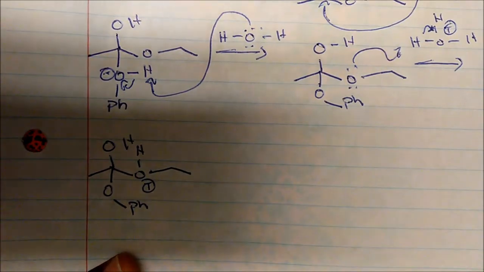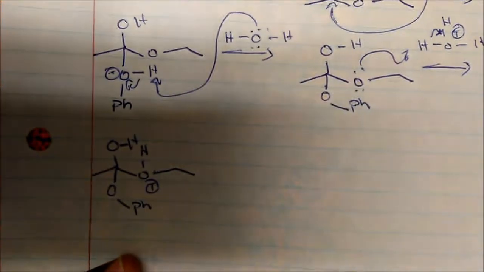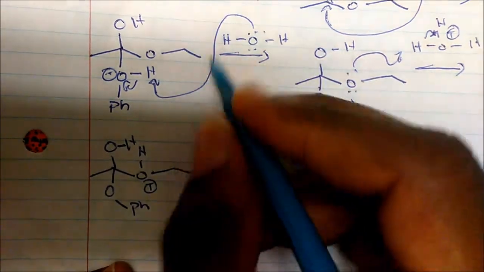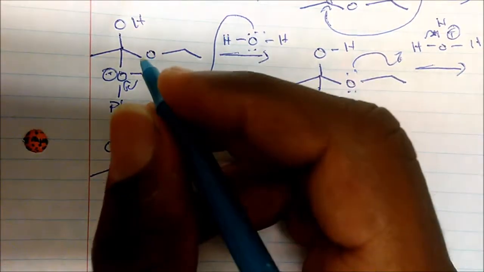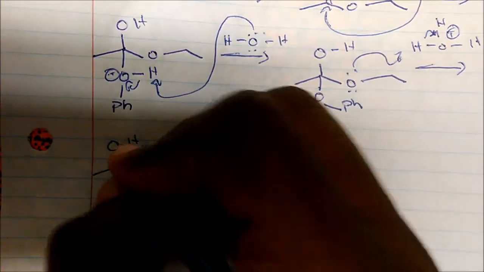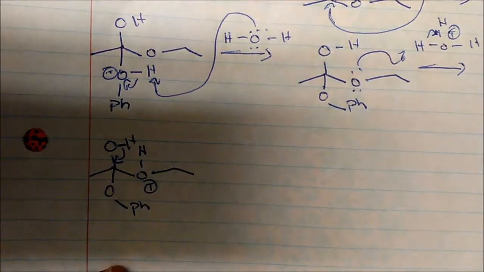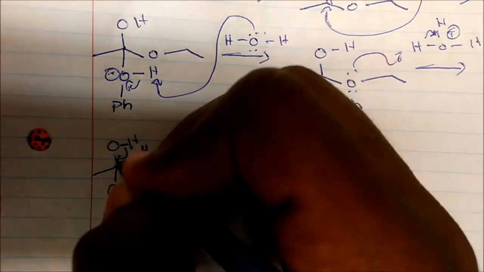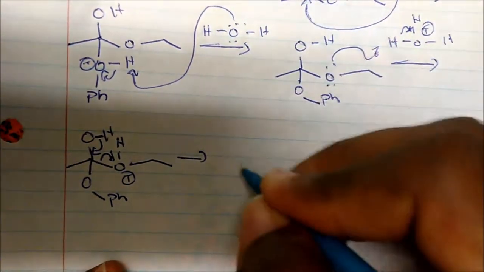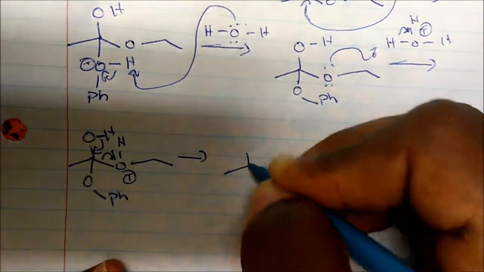Now that this is positively charged, this makes the ethanol group a good leaving group. And so the bond between the oxygen and the hydrogen on the alcohol group will actually come in and form a double bond. We're forming a double bond, and it displaces ethanol. And so in that case, we come to a structure that looks like this.